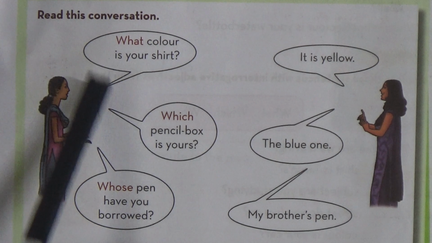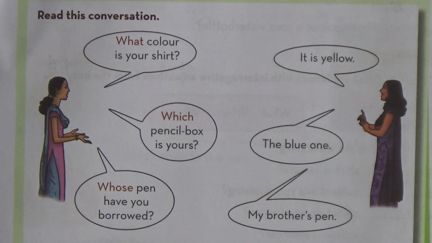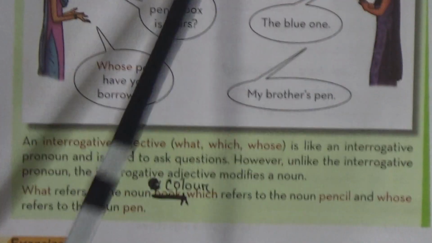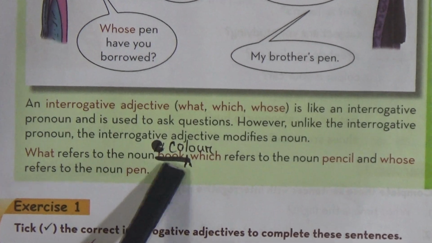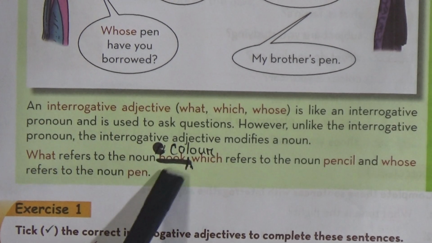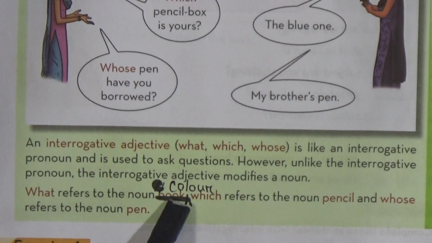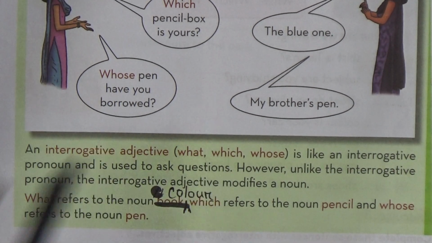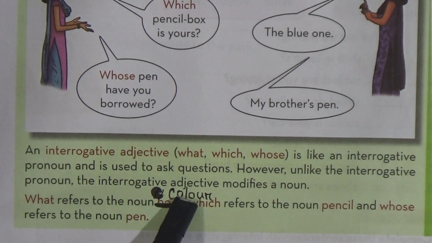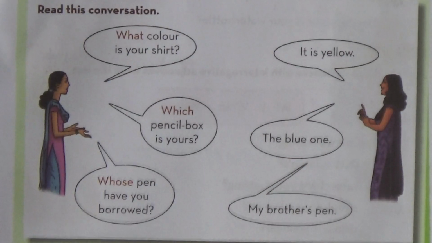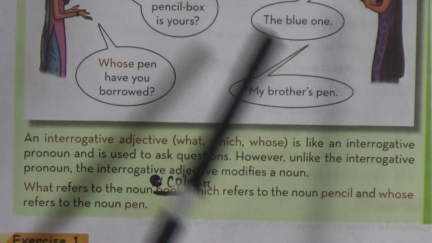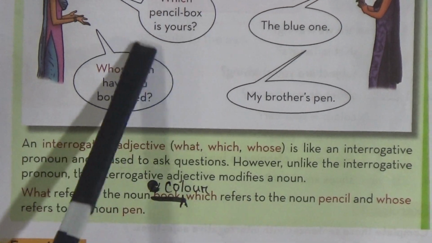Dear students, in the first sentence, what refers to the noun color. Here you will find the word book in your book, but you have to cut this word and write color. What refers to the noun color. In the second sentence, which refers to the noun pencil. Which pencil box is yours.